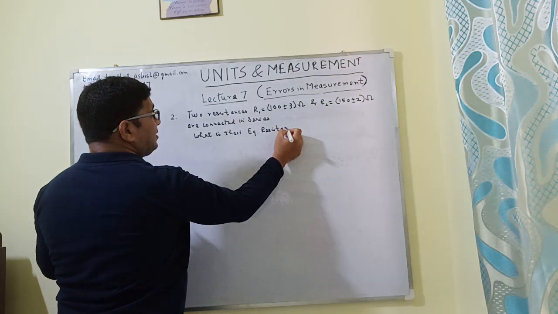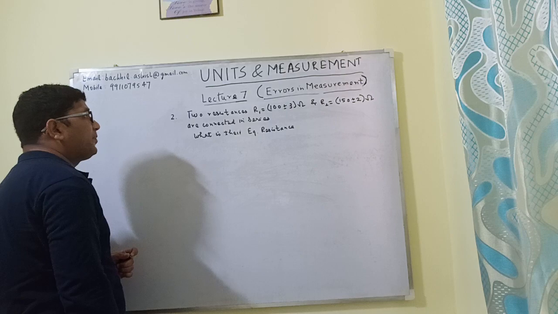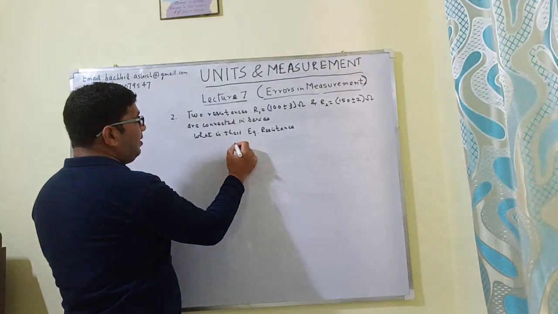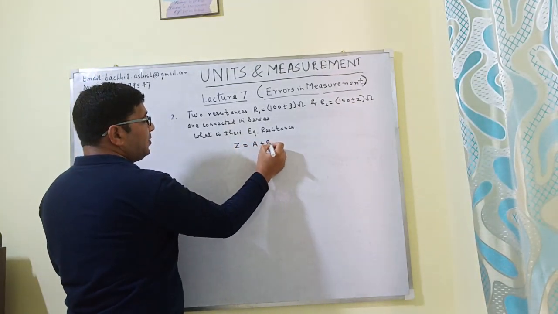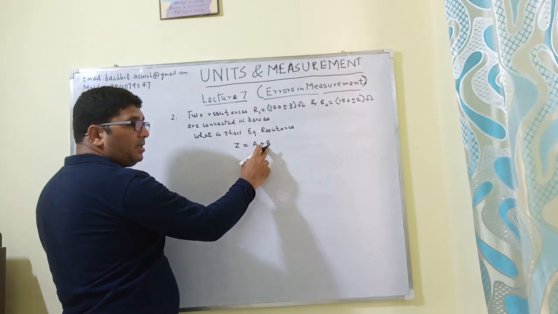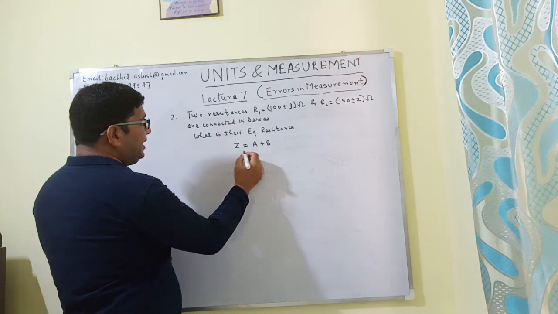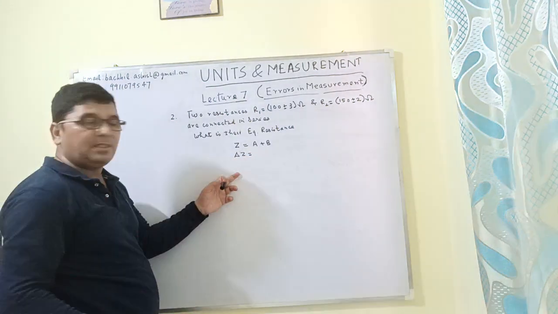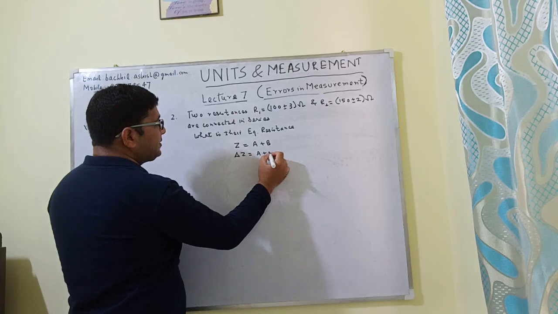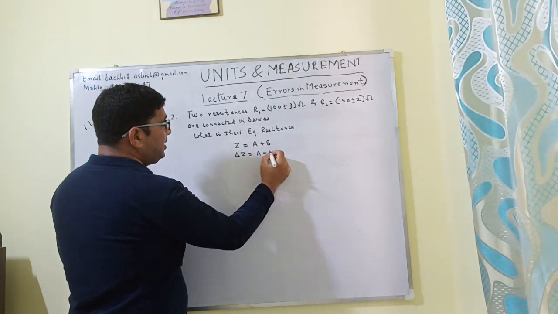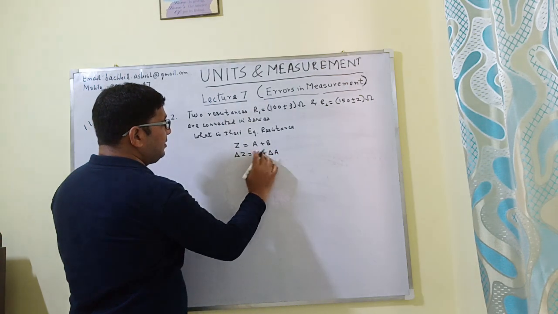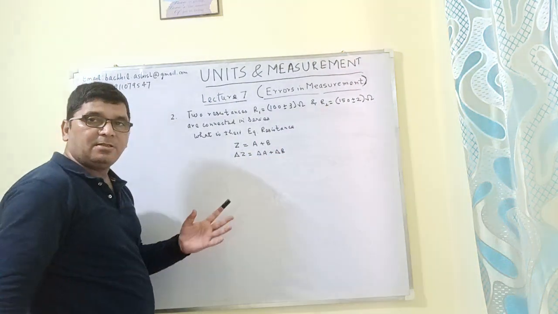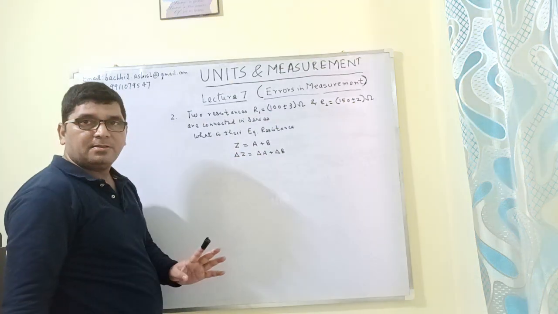Again, it is a very easy question. Yesterday, in lecture number 6, we studied that if a physical quantity Z is equal to A plus B, where A and B are two different physical quantities, then delta Z, the maximum possible error in Z, will be equal to delta A plus delta B, where delta A and delta B are the absolute errors in the measurement of A and B respectively.